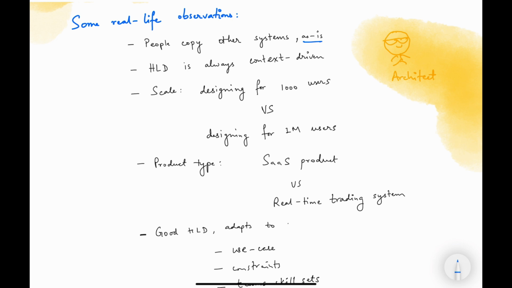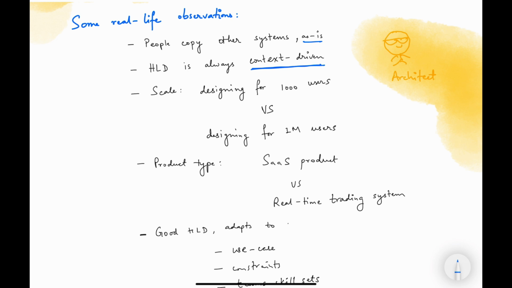Let's do it the way Netflix does, or the way Uber does. We have to understand that high level design is always context driven. There is no one size fits all solution.